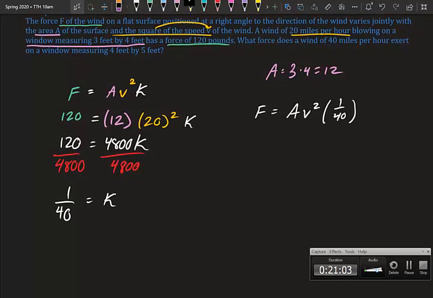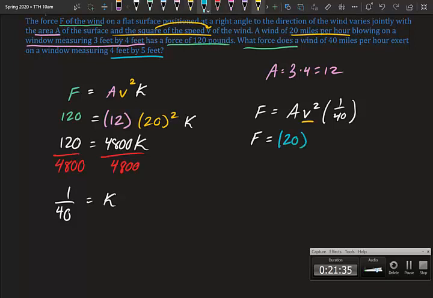So now I want to know the force of a wind of 40 miles per hour and how much that exerts on a window that's 4 by 5. So we want to know the force of the wind of 40 miles per hour, that's speed. And the area now is 4 by 5, so 4 times 5 is 20, so we're dealing with an area of 20 feet.